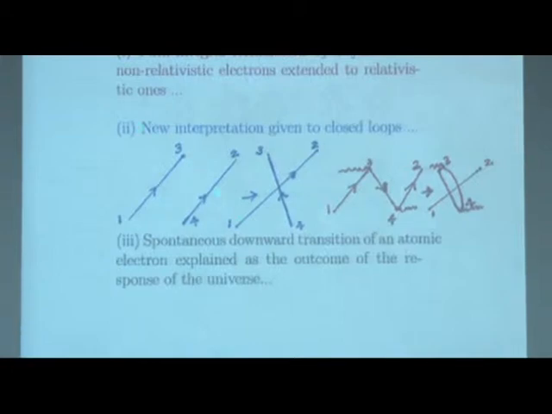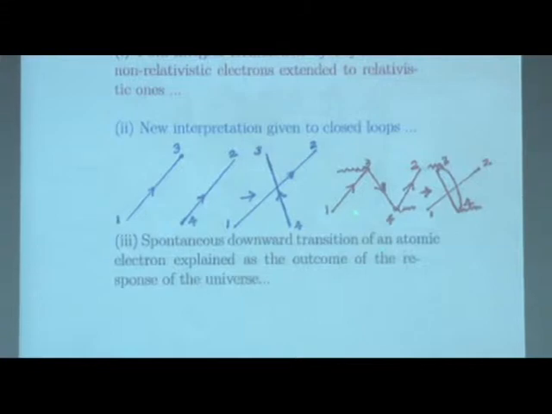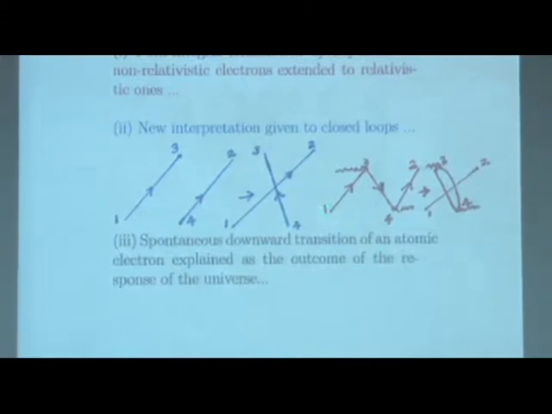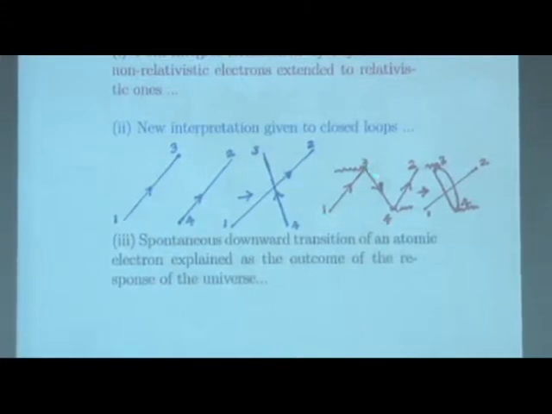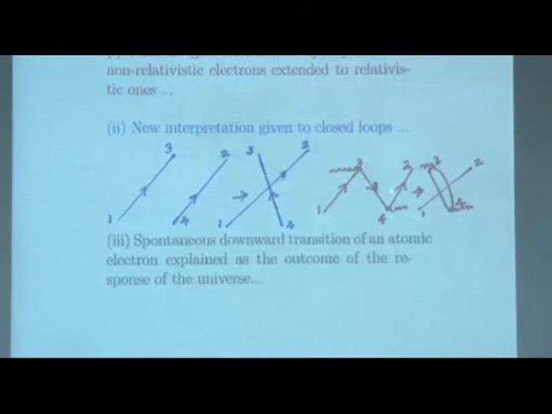So, this figure goes to this. In the same way, if you had an electron 1 to 3, 3 to 4 to 2, you again do this kind of interchange. You find 1 goes to 2 and 3 and 4 form a closed loop. So, you can get closed loops in this fashion.